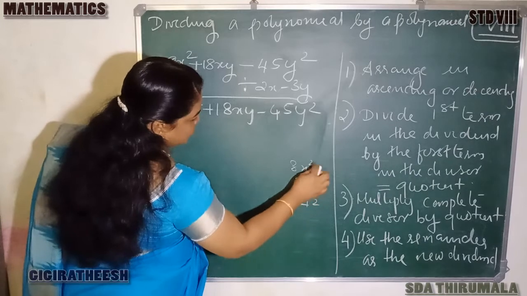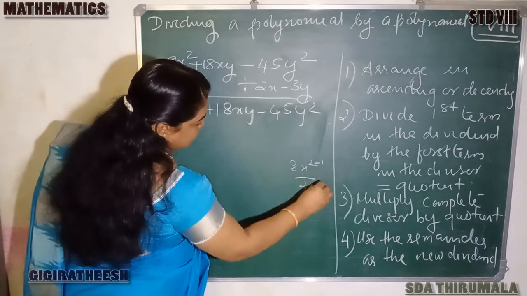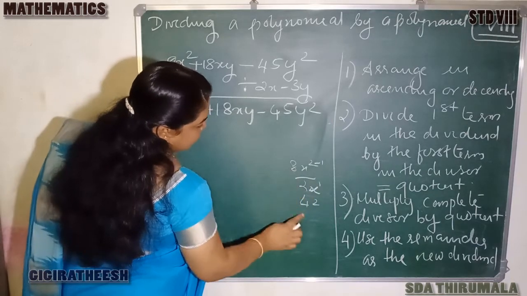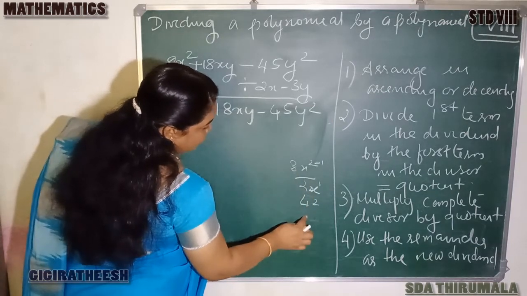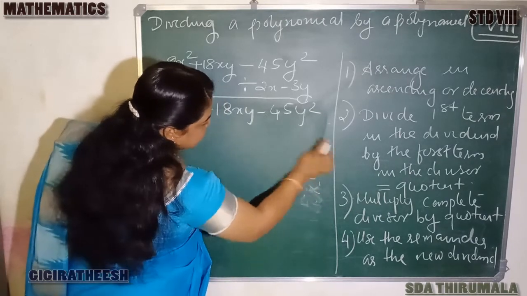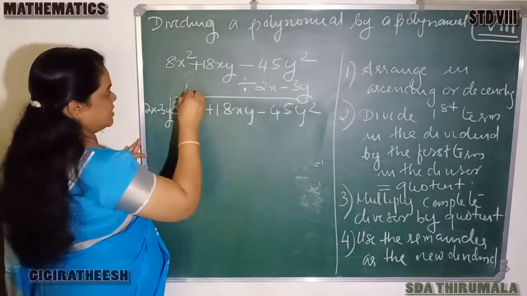That is, 2 minus 1, here it is 1. 8x square by 2x raised to 1, that is 8 divided by 2 is 4, and x raised to 2 minus 1 is equal to x, that is 4x.